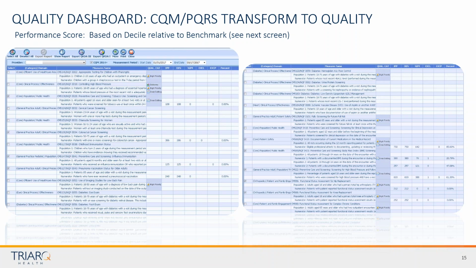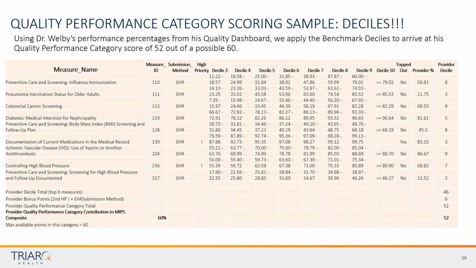Interestingly enough, that isn't your final score for the measure. And we'll talk a little bit about the deciles. This is where it gets super confusing. So every year CMS will publish a new set of benchmarks deciles. What you'll do is you'll run your dashboard, you'll look at your score. So if we look at this very first measure for preventive care and screening for influenza, if I look all the way over to the second to last column, it says provider percentage.